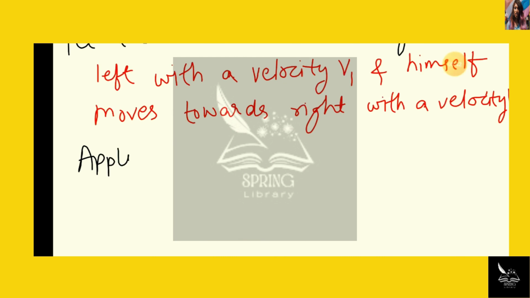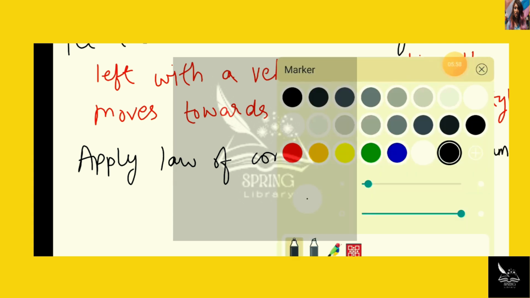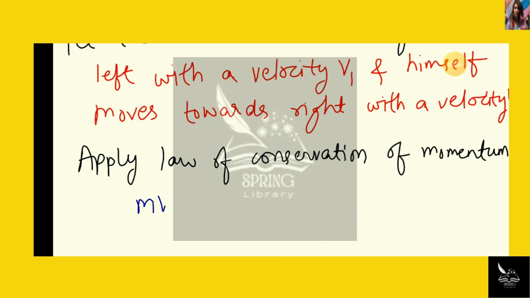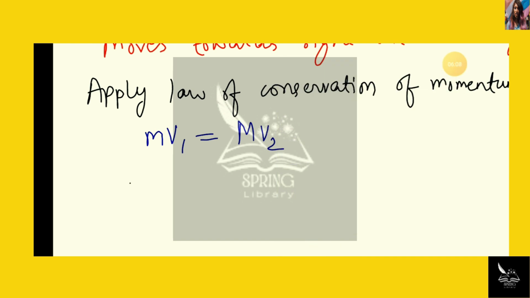According to this law, it is written as m v1 equals capital M v2. After simplifying, I get the velocity of the bag, v1, equal to M v2 over small m. This is equation number 1.